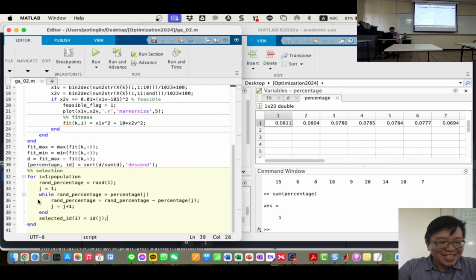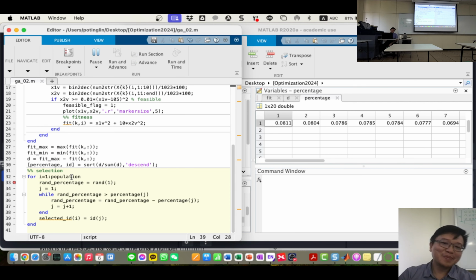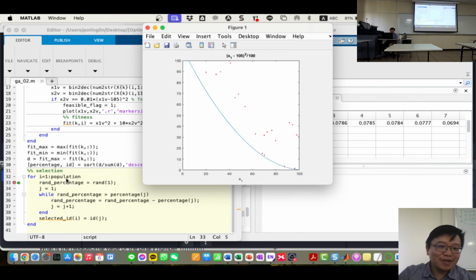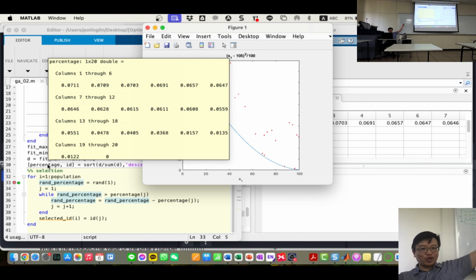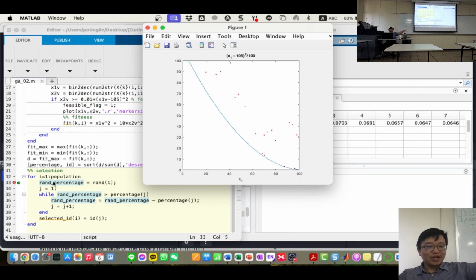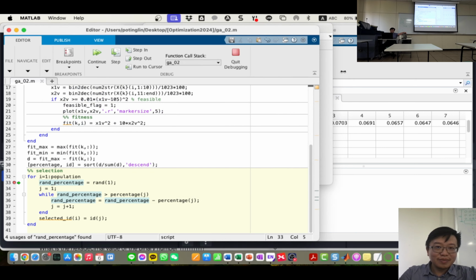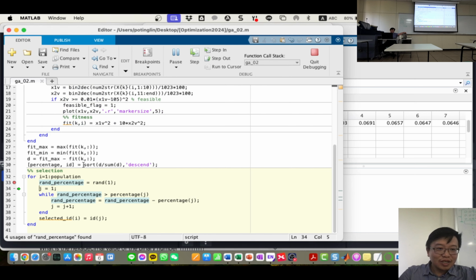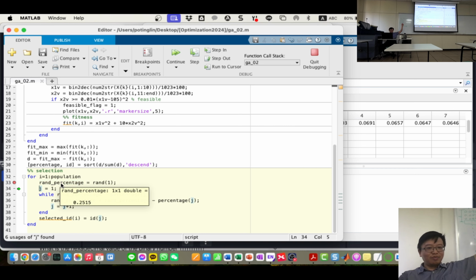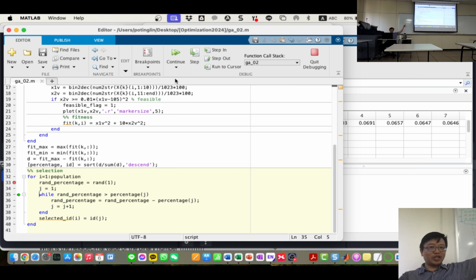Double check. Okay, so run the code. Now the population is a sorted percentage. Now I randomly generate a value. The random percentage is 0.25, and it's larger than the ith percentage.